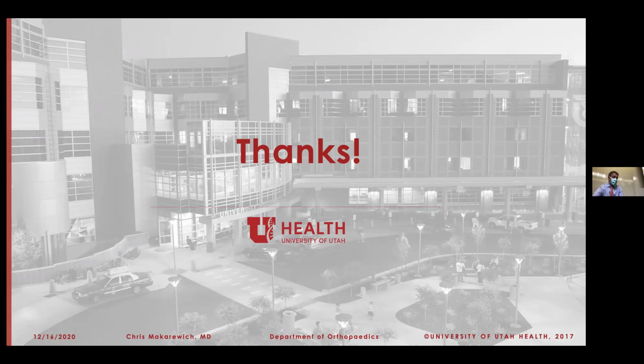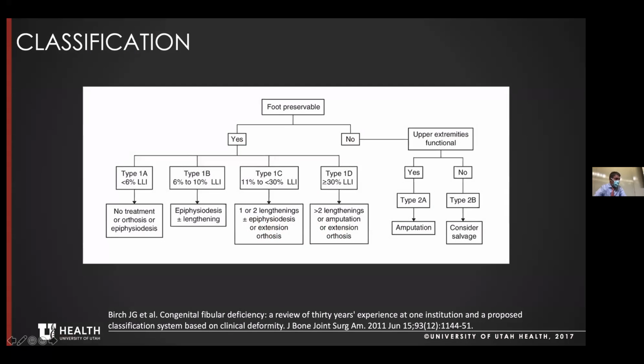But in terms of looking at a patient and saying, how much can you tolerate? What can you do? I think that's more of the art than the science. I put this slide at the end, which goes into that categorization based on whether the foot is preservable and what to do about it.